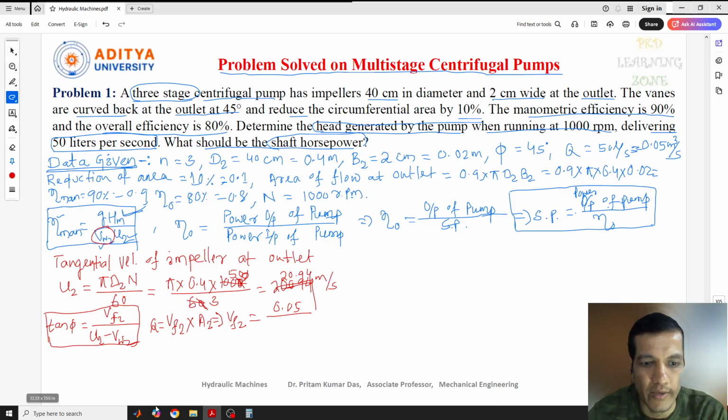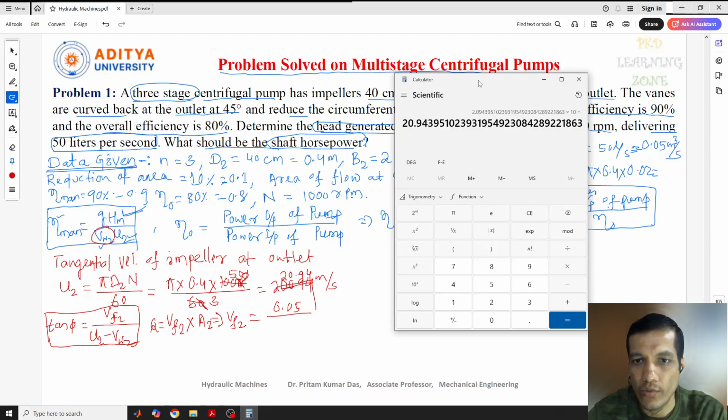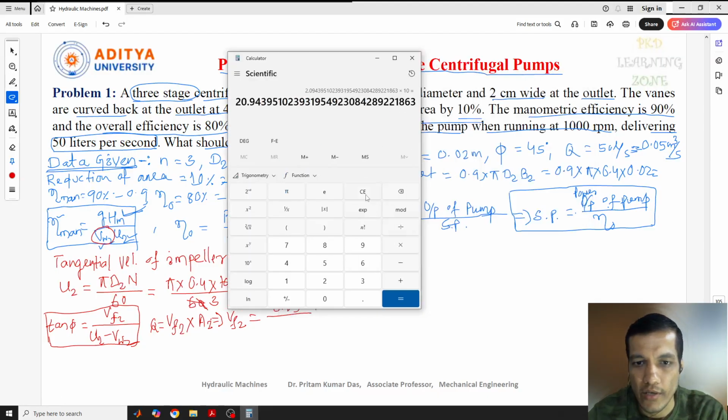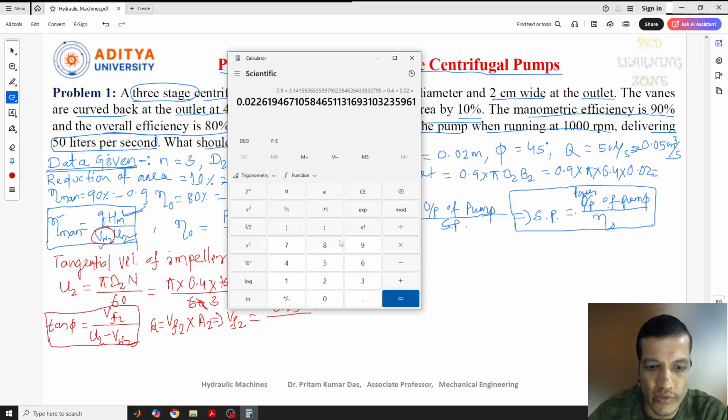Here I have not calculated it, so let me calculate this. Area equals 0.9 into pi into 0.4 into 0.02, which gives about 0.0226.